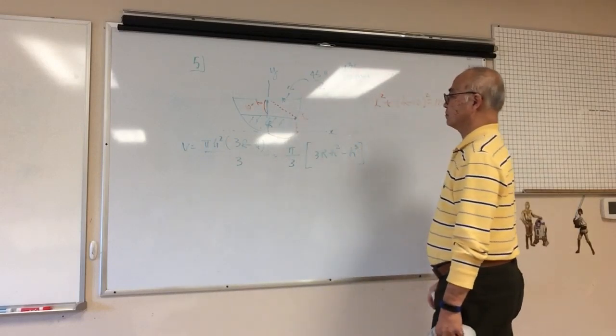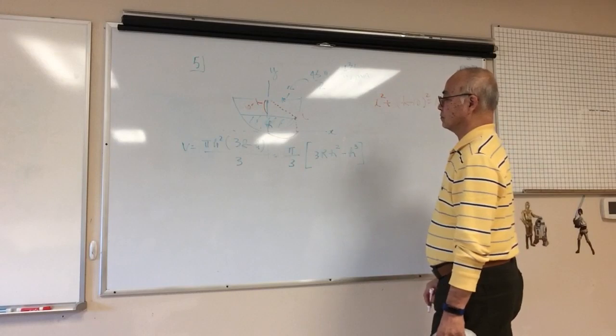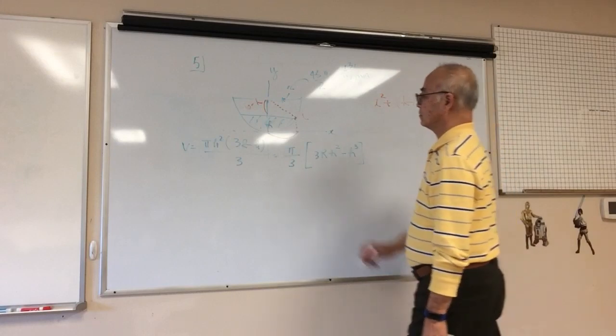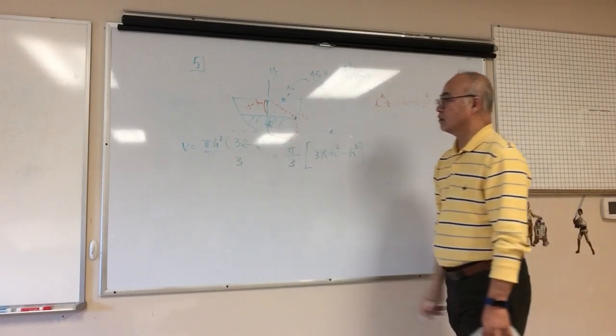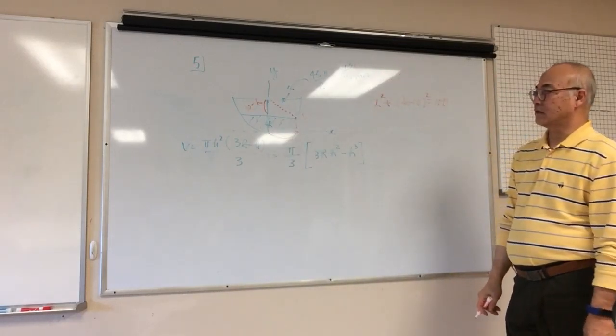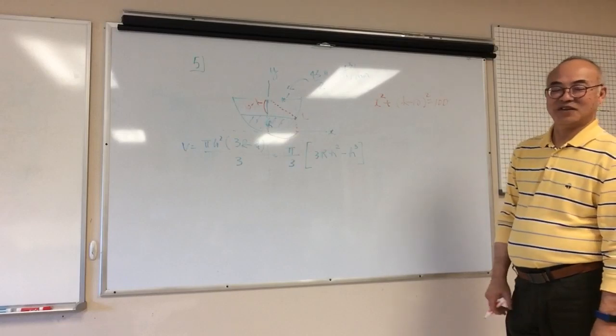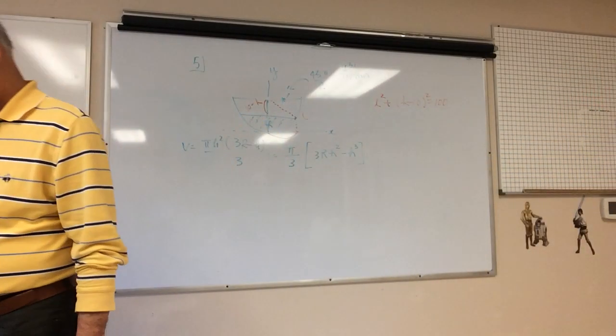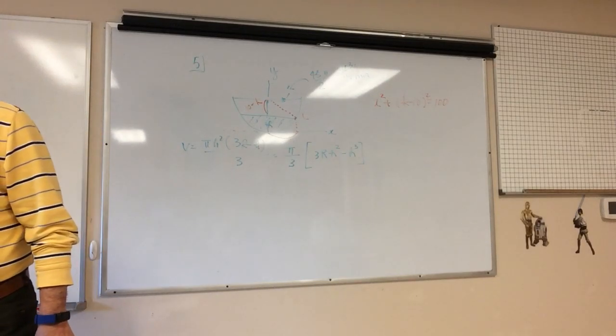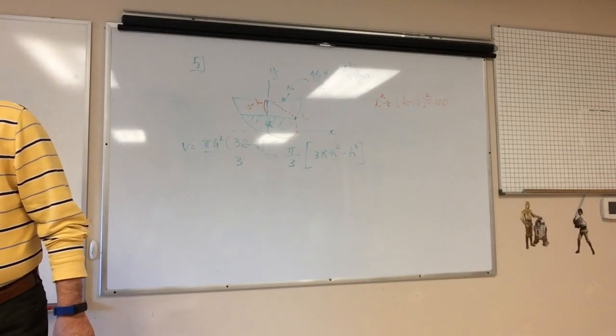Wait, where is X? X is the orange dotted one? Yeah, from here to here is x, right? 10 minus h squared plus something squared.